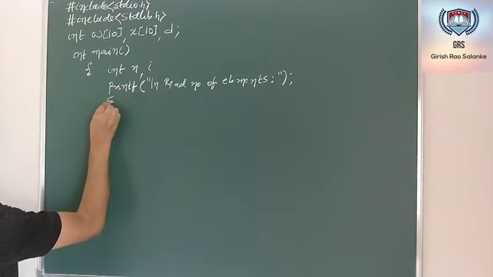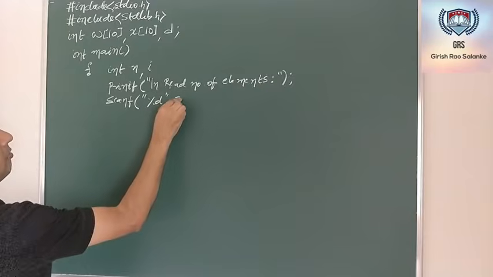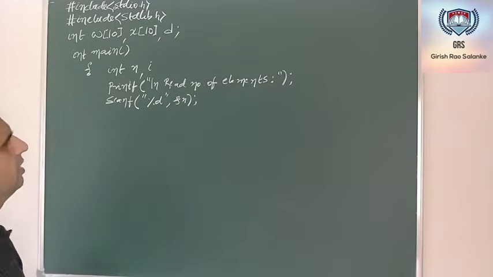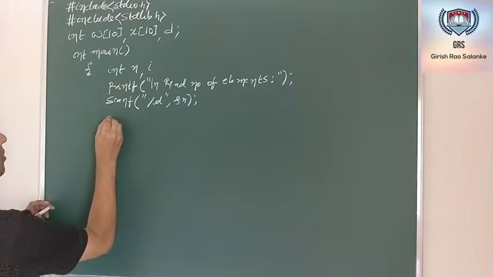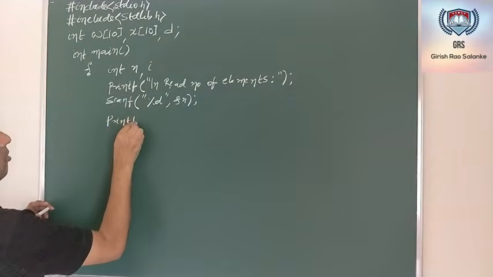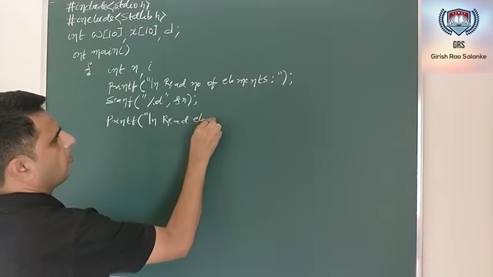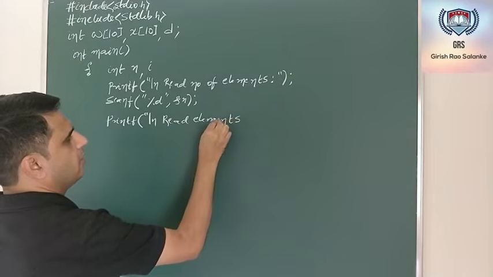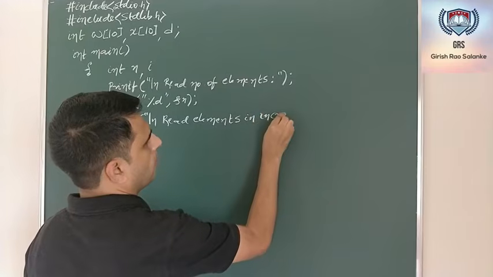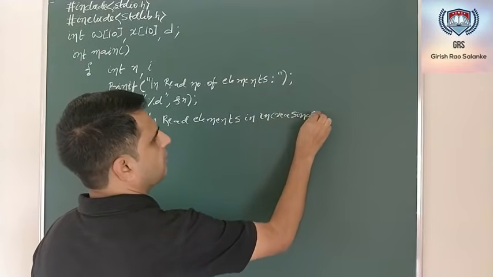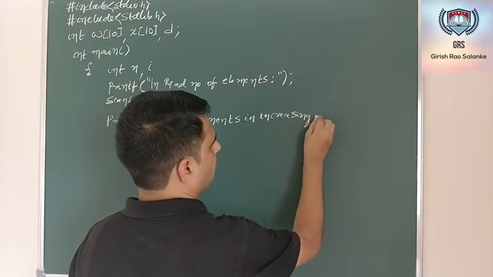That is nothing but my n. Now after reading the value of n, I will read those elements in set w. I put a remark in printf: read elements in increasing order. We know that the elements in set S should always be in increasing order.